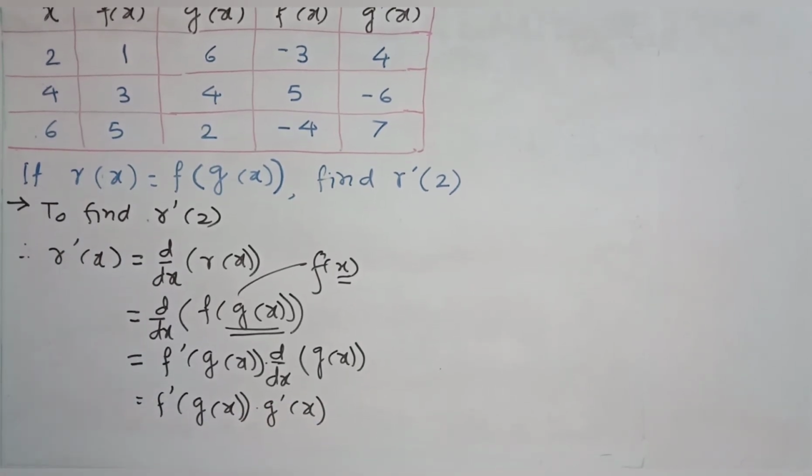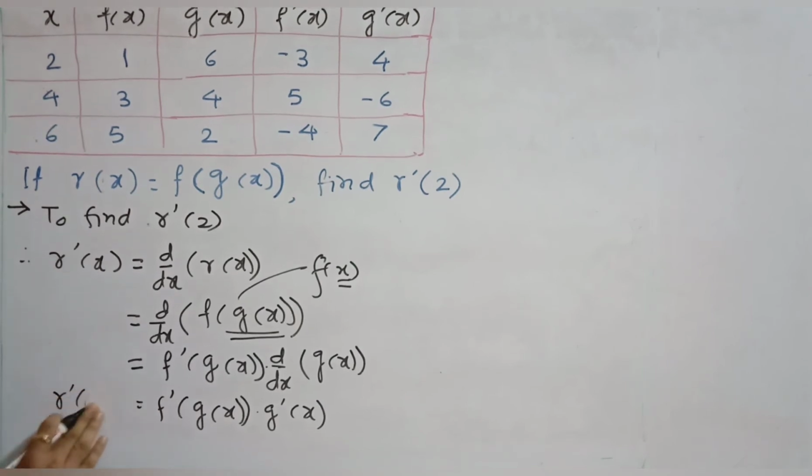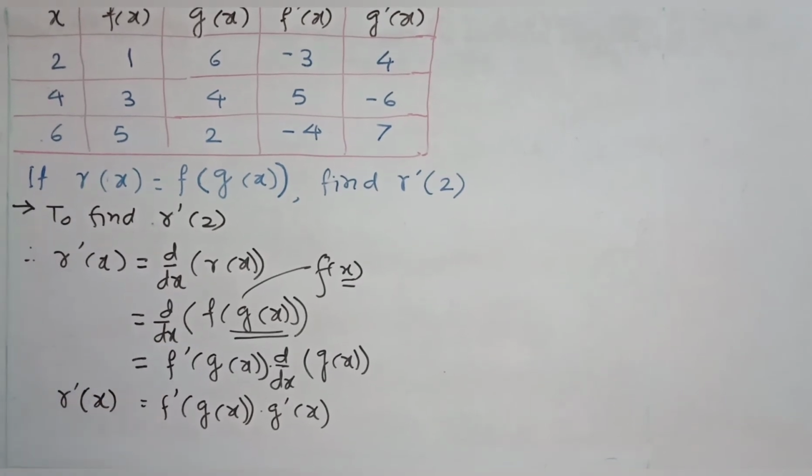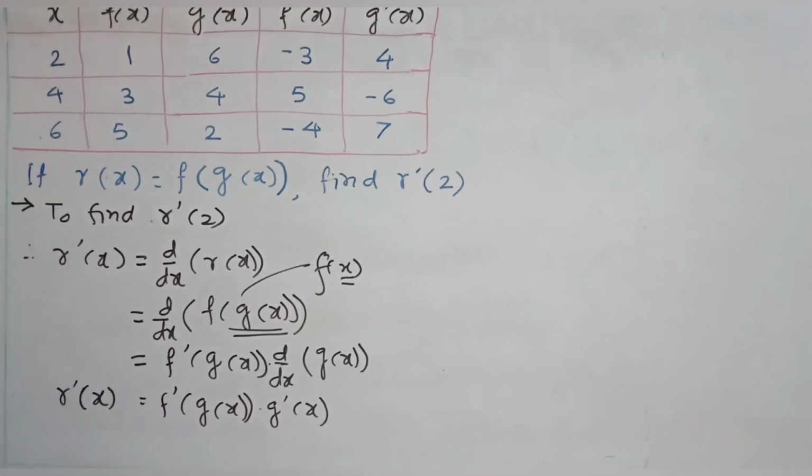Now we are ready to answer our question, r dash 2. What we know is r dash x. So remember this formula for r dash x. This is the formula we got for r dash x, and we shall use x is equal to 2 here so that we can find r dash 2.